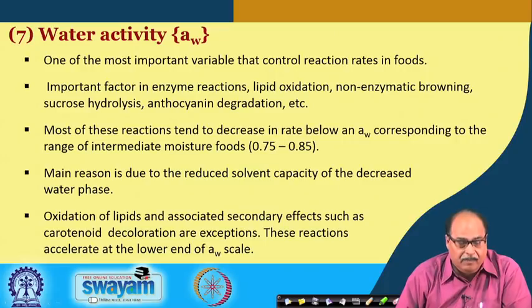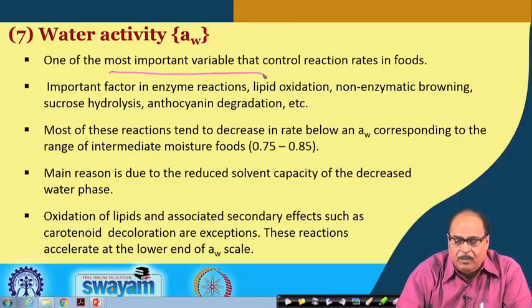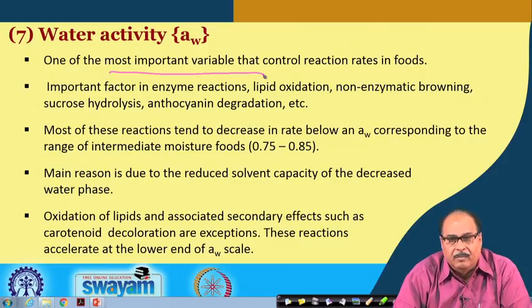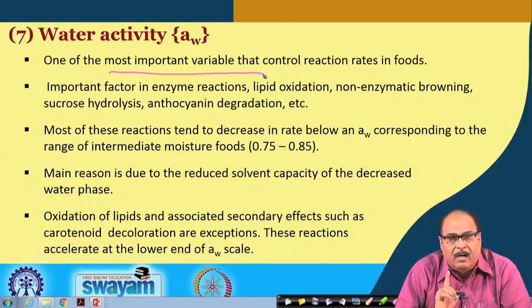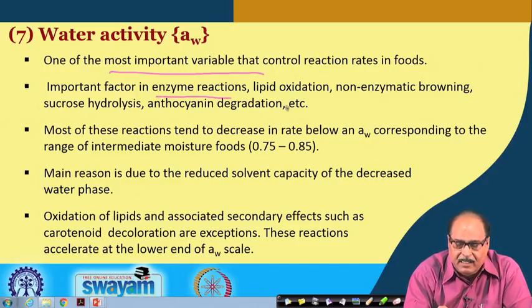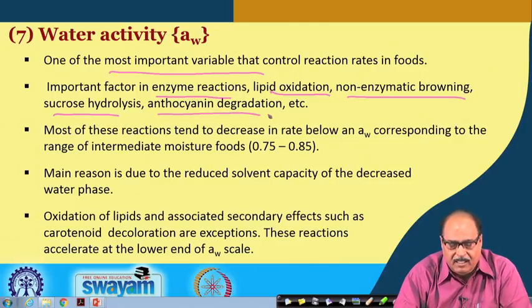The last but not the least variable is water activity. It is one of the most important variables that controls the reaction rate in food. Maybe in the next lecture we will study water and its influence on food stability in a little more detail, but here I will just tell you that it is not the water, rather water activity that becomes important, because it is available for most enzymatic reactions, lipid oxidation, non-enzymatic browning, sucrose hydrolysis, and anthocyanin degradation.